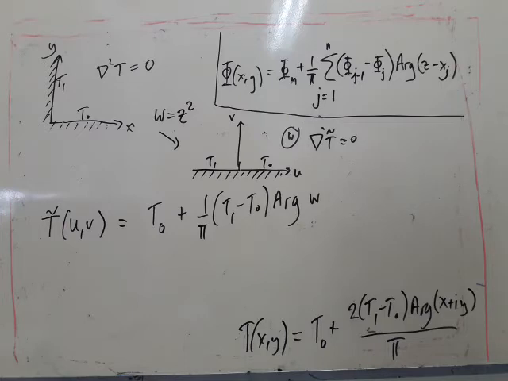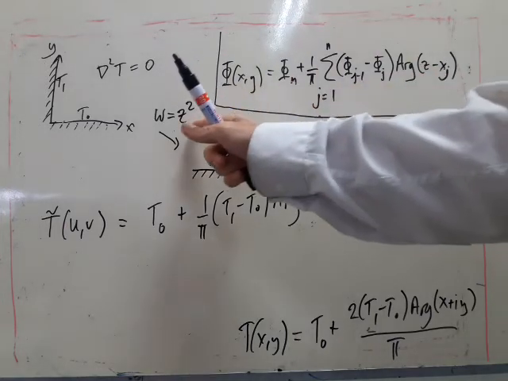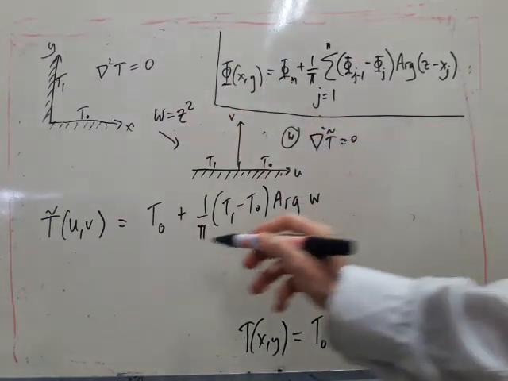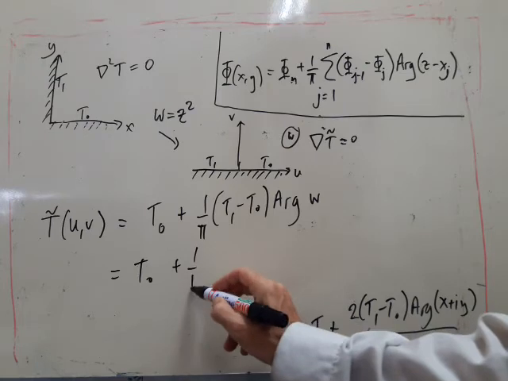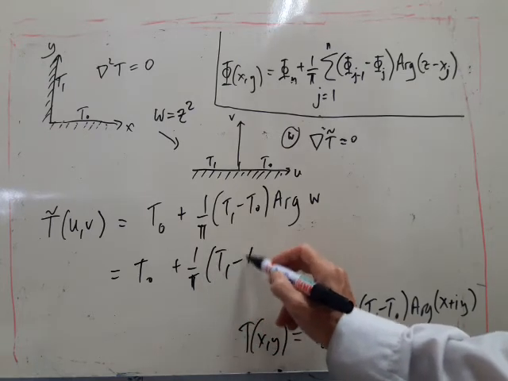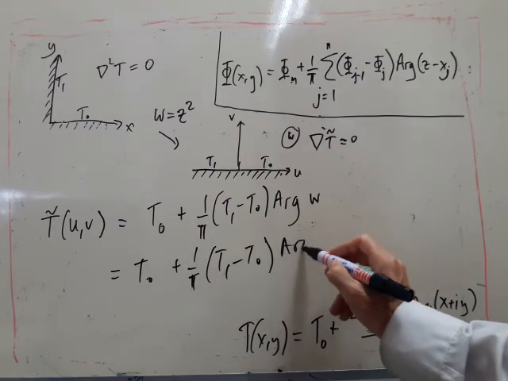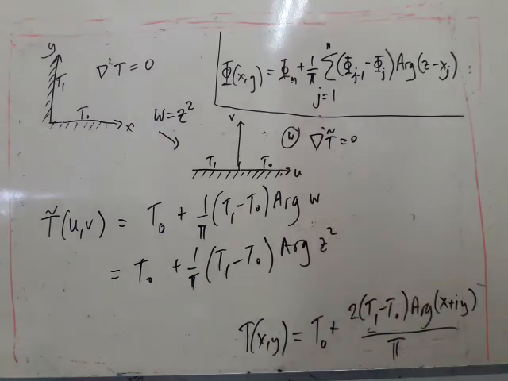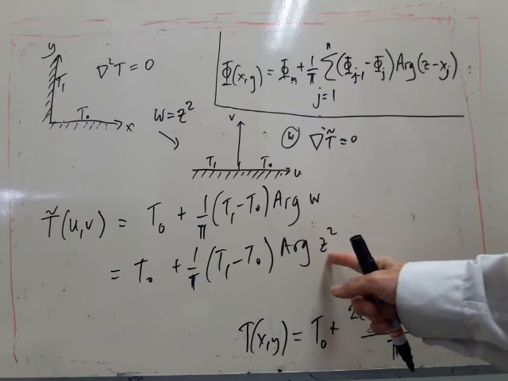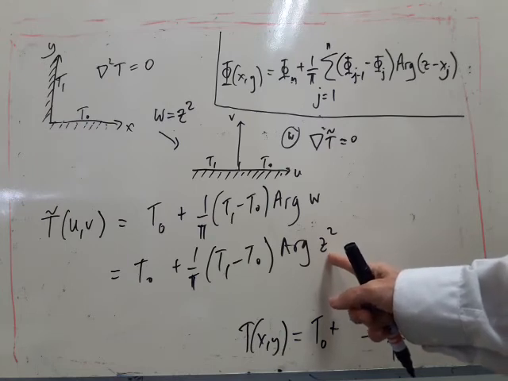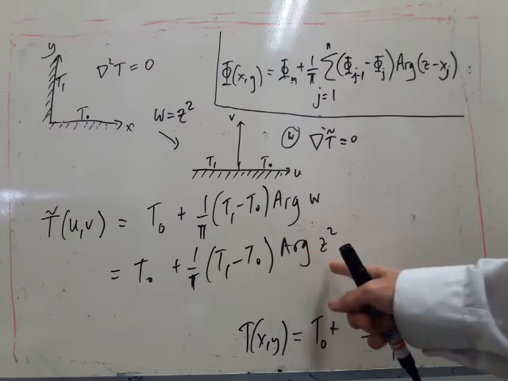x and y. Now in this particular case, w is equal to z squared. But the argument of z to the power of anything is just that power times arg z.